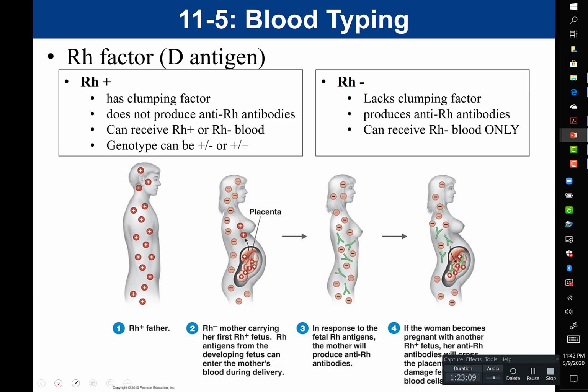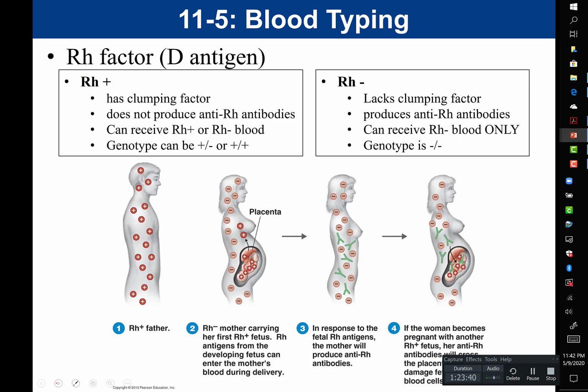It's the only one they can get. They cannot receive Rh positive because they are making those anti-Rh antibodies. If they were to receive Rh positive blood, they would have an agglutination and the blood would start to clump. So somebody who is Rh negative can only receive Rh negative blood. They cannot receive Rh positive blood.